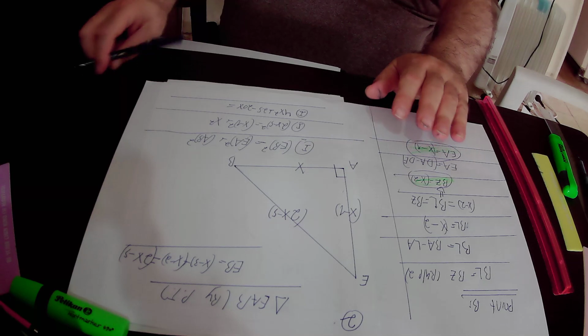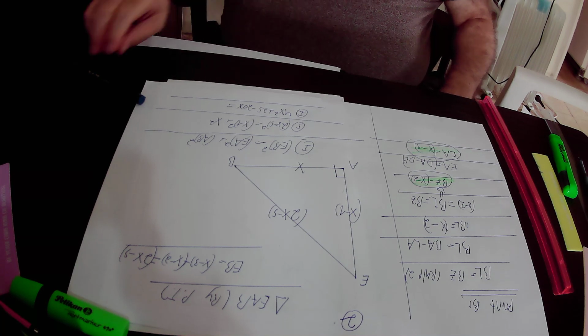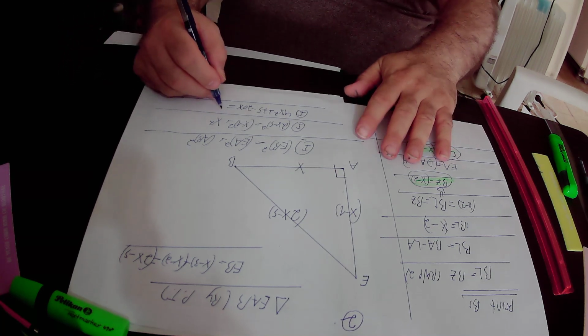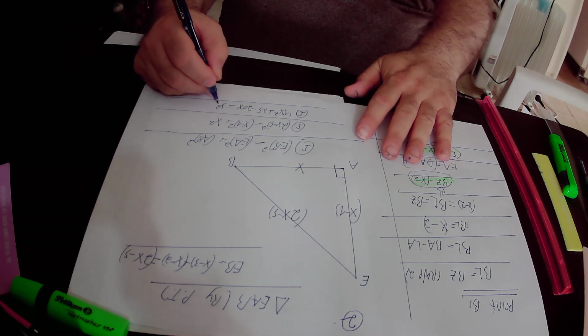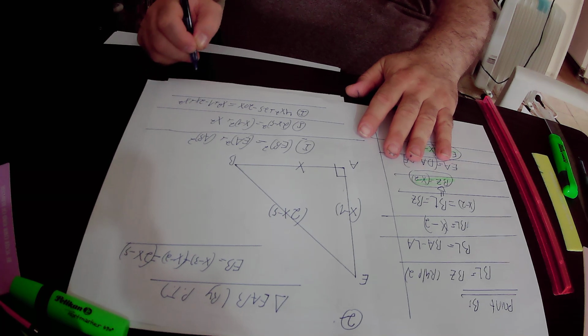And it is equal to x minus 1 squared, which is x squared plus 1 squared, that is 1, minus 2x, plus x squared.